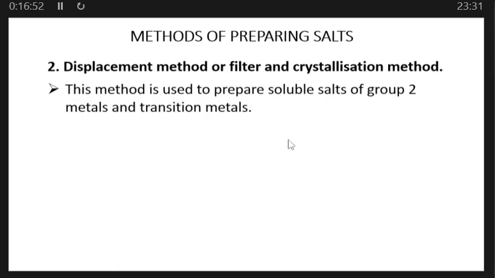So if you have a salt of group 2 like magnesium sulfate, then you know that this is a salt of a group 2 metal because magnesium is in group 2. And definitely when preparing this salt magnesium sulfate, which is a soluble salt, the method that you should use is the displacement method or filter and crystallization method.